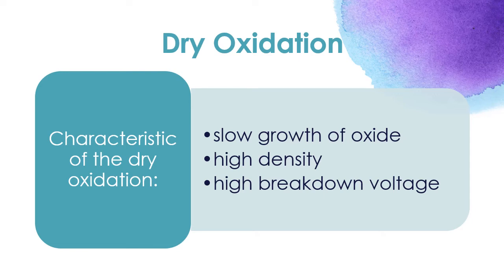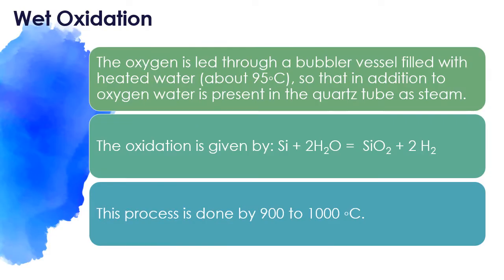Some characteristics of dry oxidation are slow oxide growth, high density and high breakdown voltage. For wet oxidation, on the other hand, the oxygen is led through a bubbler vessel filled with heated water, around 95 degrees Celsius, so that the water is present in the quartz tube in the form of steam.